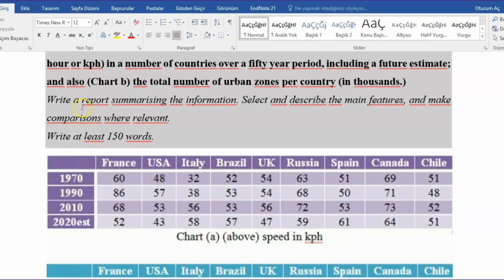You have to write a report summarizing the information, select and describe the main features, and make comparisons where relevant.